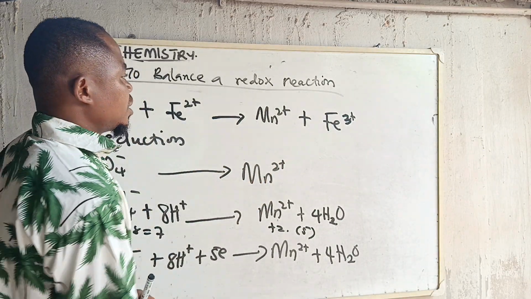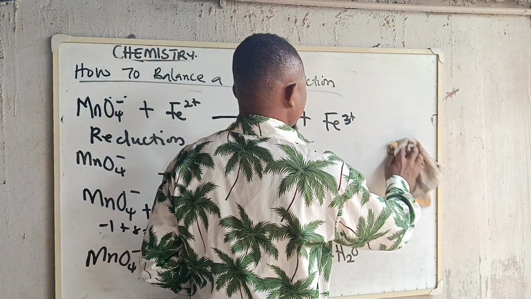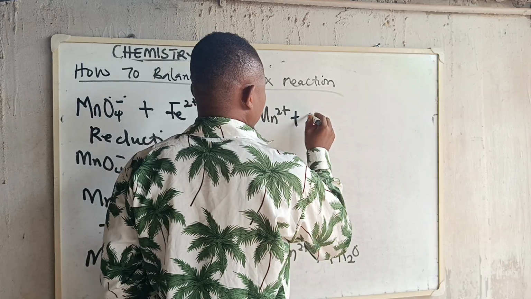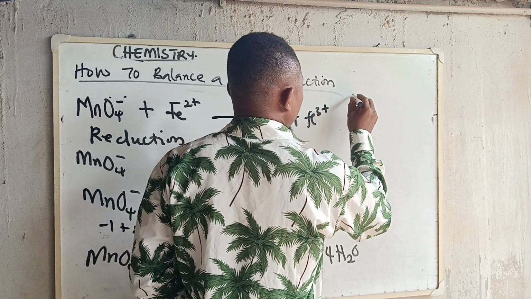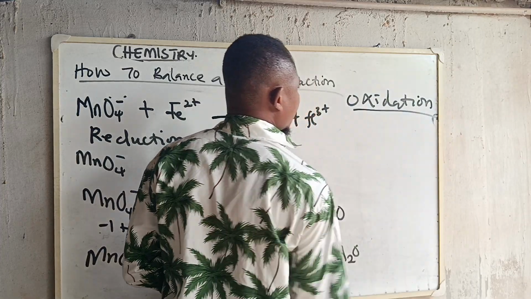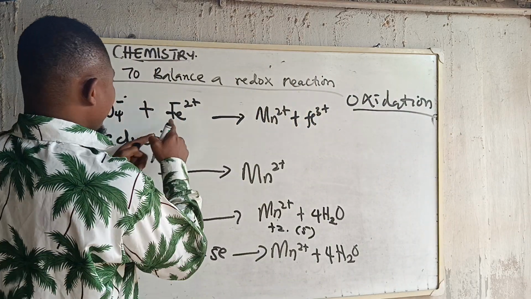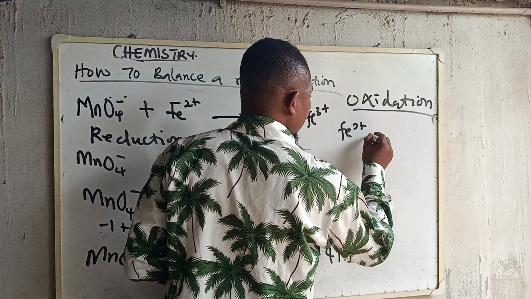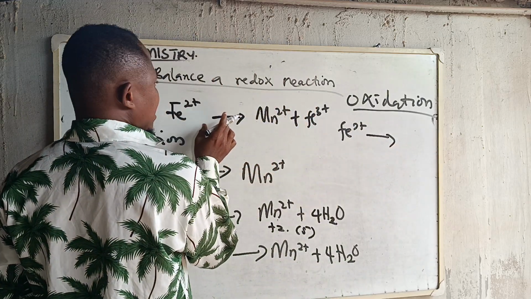Let's go to the oxidation half equation. In the oxidation half equation, we're going to have Fe2 plus has gone to what?